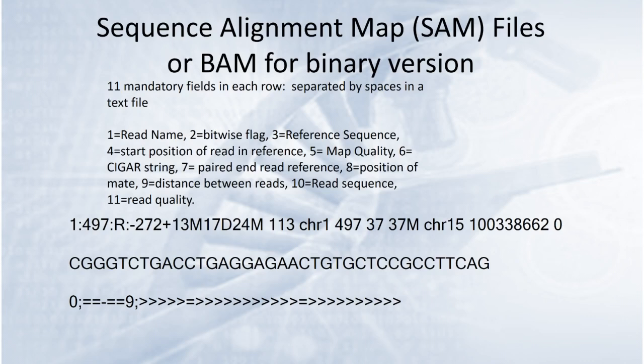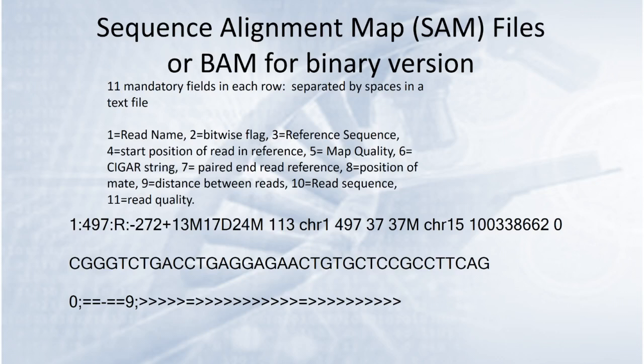And then where is the start position of the sequence that's aligning there? This tells us it's 497. Then we carry on with the quality of the map, which is 37, which simply means that every single nucleotide in that sequence matched. And that's reflected in what's called the cigar string, which tells you that every nucleotide matched again.